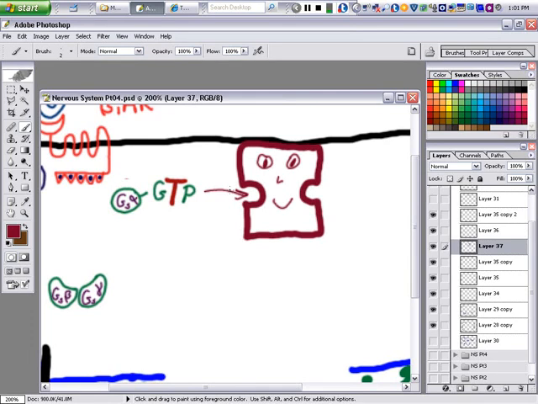Now the job of this protein is to take ATP, regular everyday ATP, and convert it to a cyclic, into cyclic AMP. Cyclic AMP cyclizes, it's a circle.